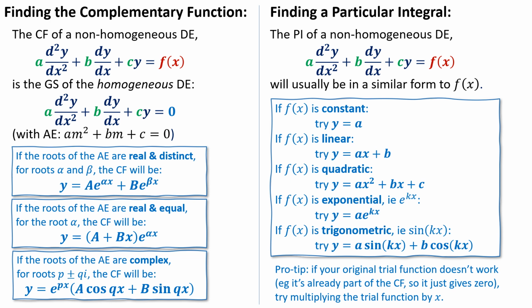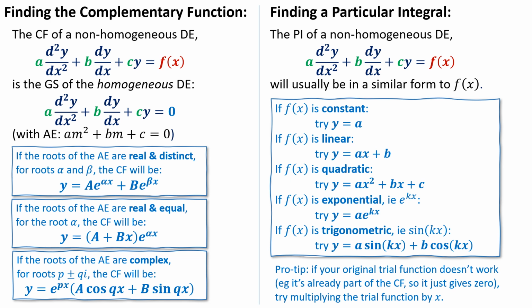That means if you try something with e to the 2x as your trial function, perhaps because e to the 2x was what was on the right hand side, you're actually going to find it just breaks apart, because putting in any multiple of e to the 2x into the left hand side will reduce it to 0. It's a special case of the general solution, so it's always going to give you 0. It can't ever give you e to the 2x.